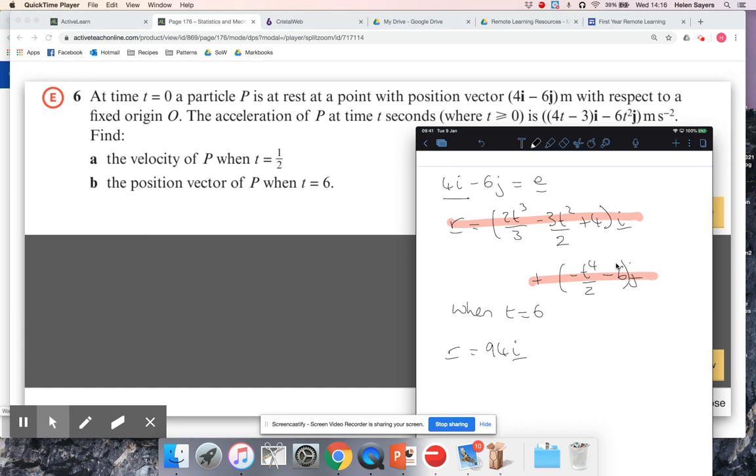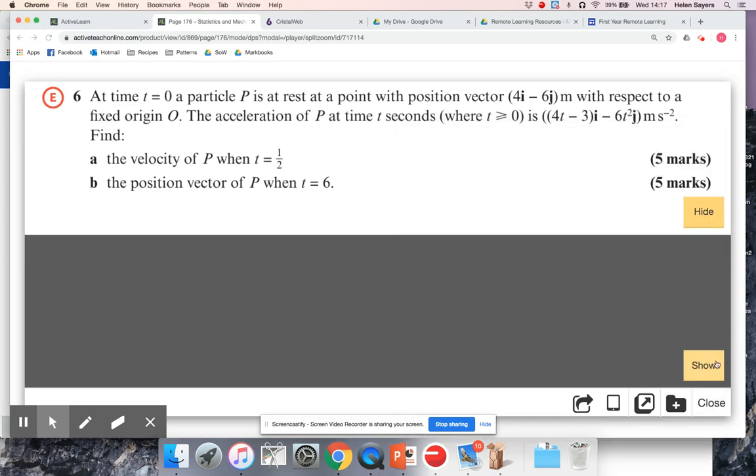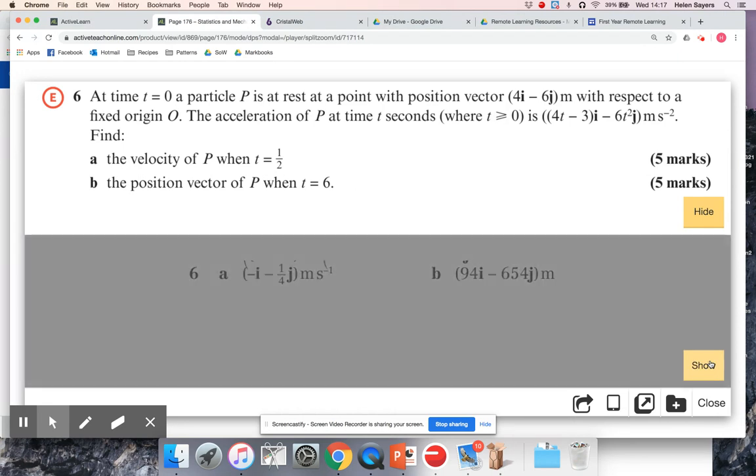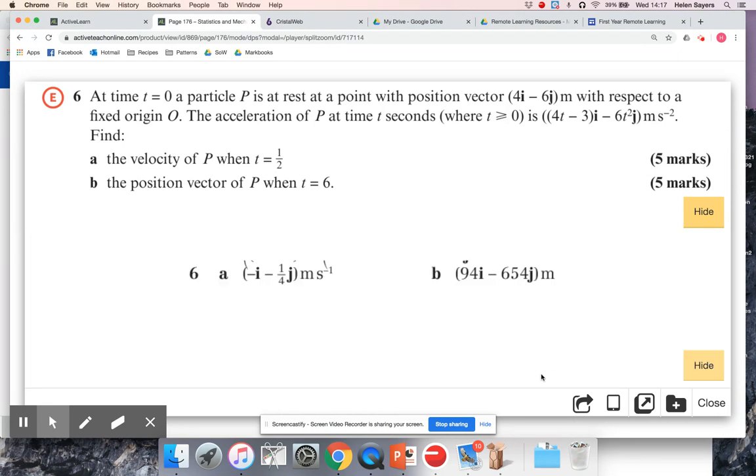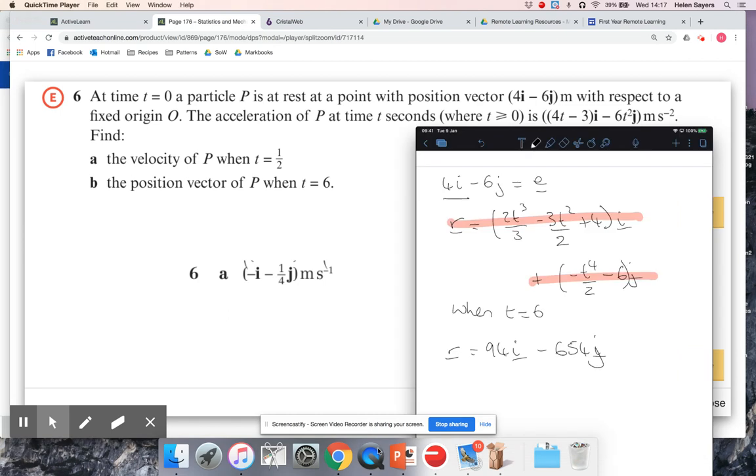Then I've got minus 6 to the power of 4 all over 2 minus 6. And I'm getting that to be minus 654j. Let's just check those. Which we're happy with, yep, 94 minus 654, and you should always include the units.